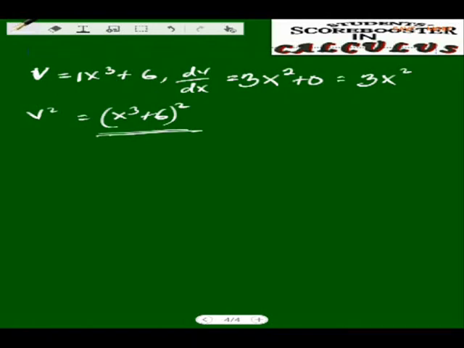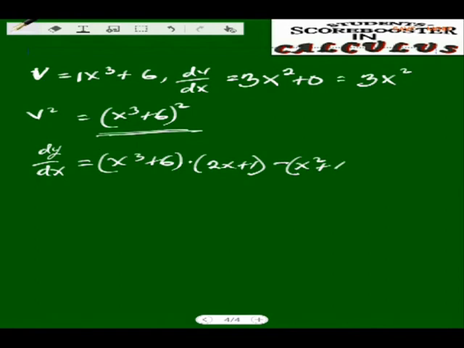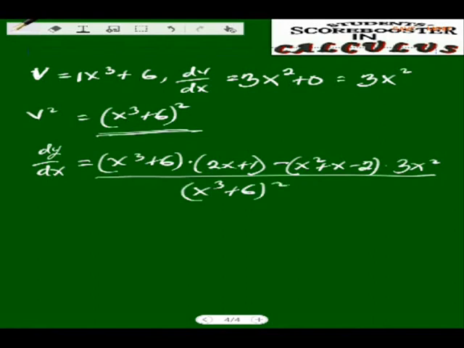So I want to substitute all what I have now into the formula. So I'm going to have dy dx is equals to v, which is x cubed plus 6, times du dx, which is my 2x plus 1, minus u, which is x squared plus x minus 2, times 3x squared, then everything over x cubed plus 6 squared.